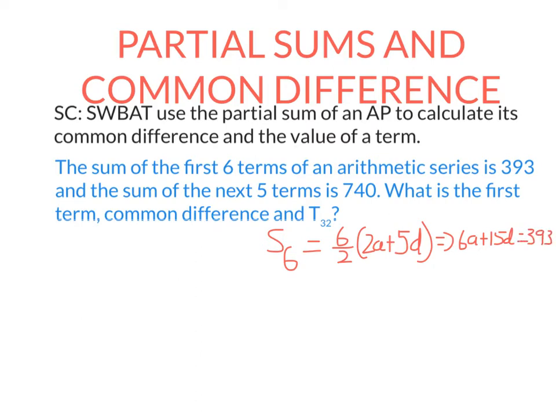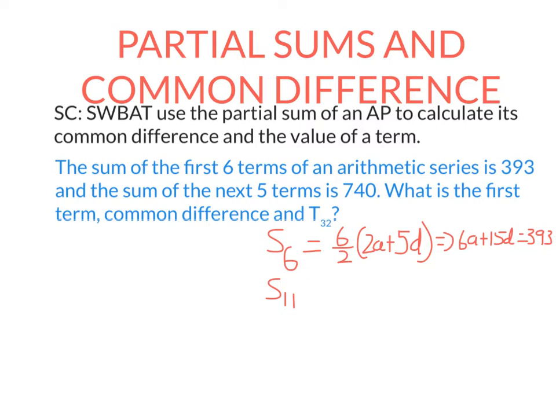Now, if the first 6 terms add to 393 and the next 5 add to 740, that means the first 11 terms add to 393 plus 740, which is 1,133.